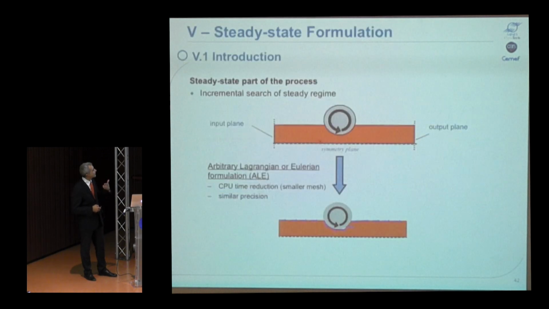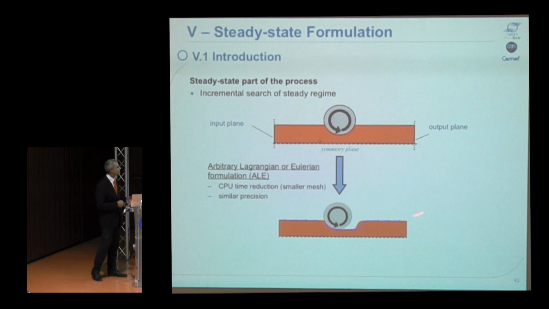But if we have a steady process as we have in rolling, then this is not the most efficient approach. As you can see here, in the arbitrary Lagrangian Eulerian formulation, the search for the steady state is always an incremental process where we have to propagate the information towards the end.